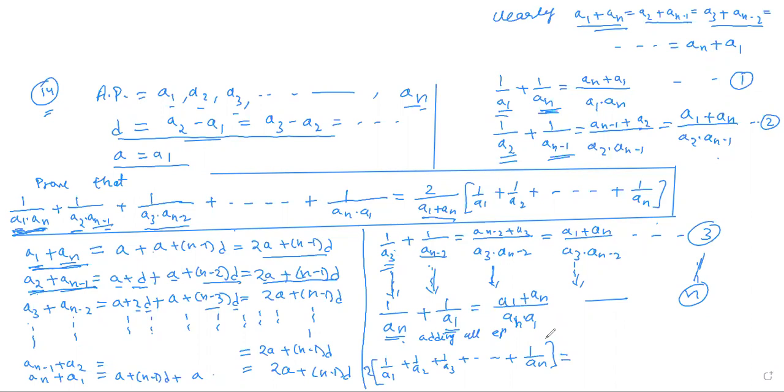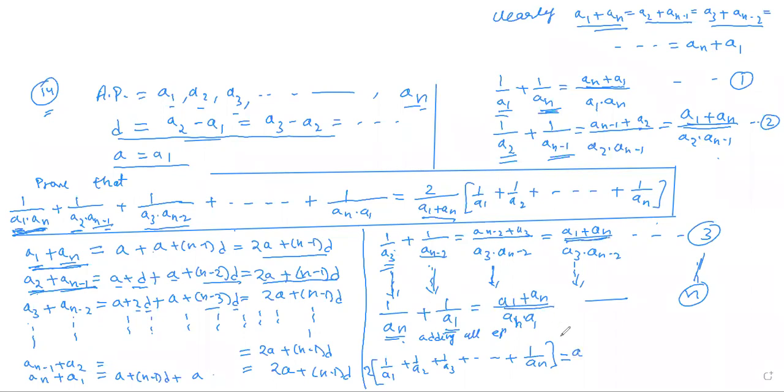Equals to. Now each one of them has a1 plus an in their numerator. First equation, right hand side a1 plus an, a1 plus an, a1 plus an.